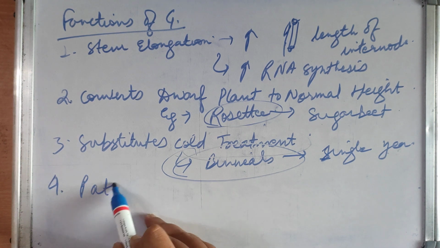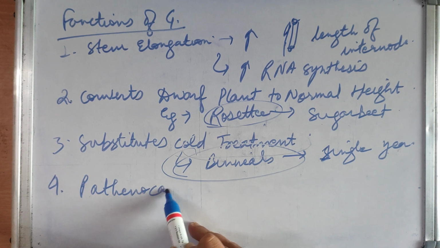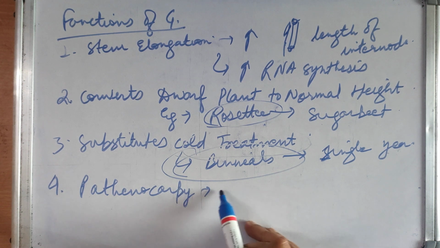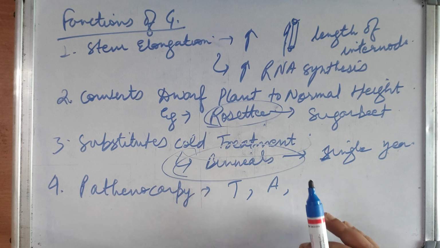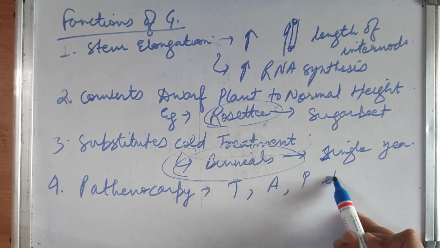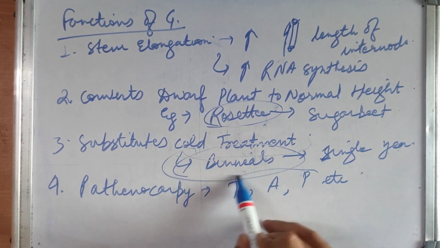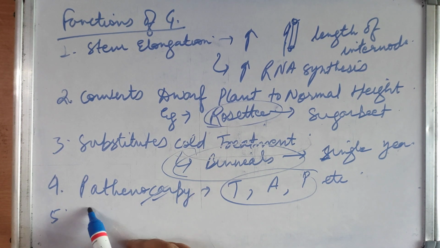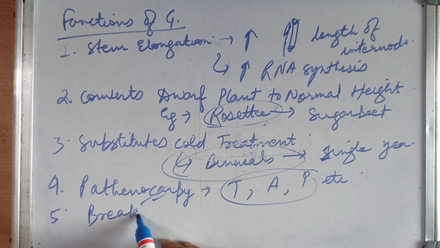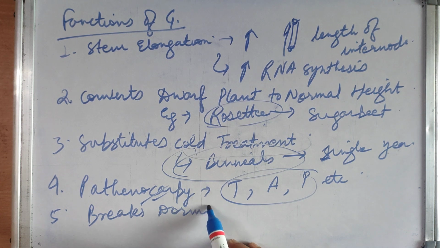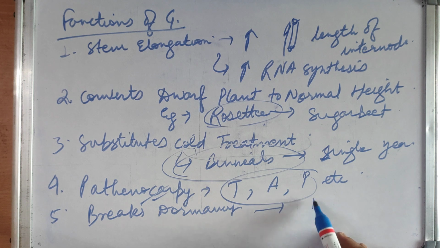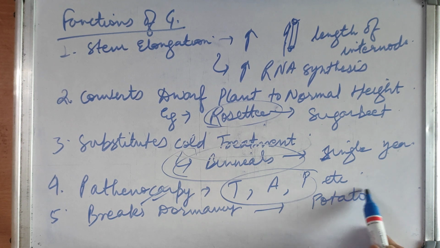Gibberellin also induces parthenocarpy in tomato, apple, pear, etc., and it induces more efficiently than auxin. Number 5, it breaks dormancy, for example in potato.